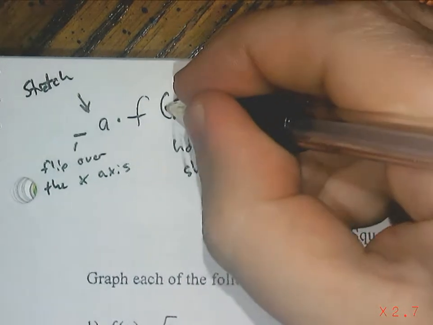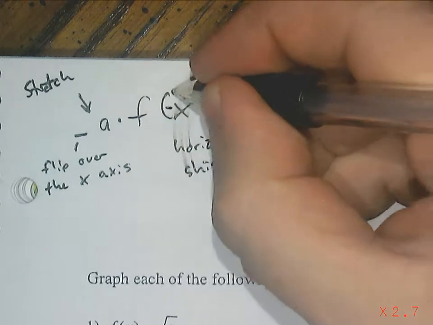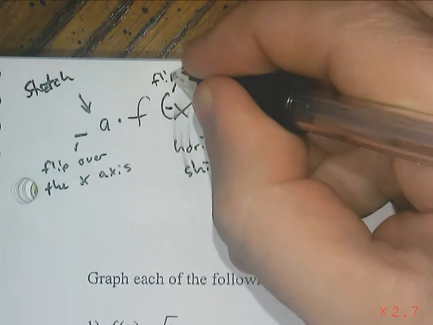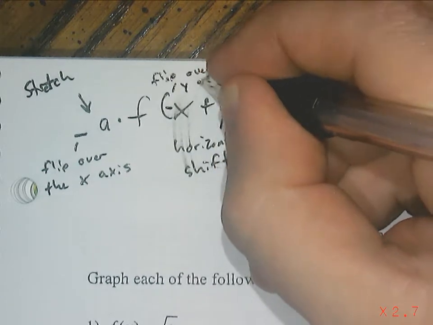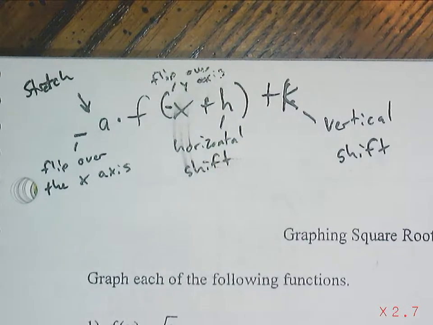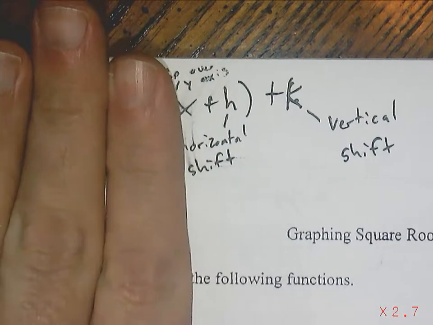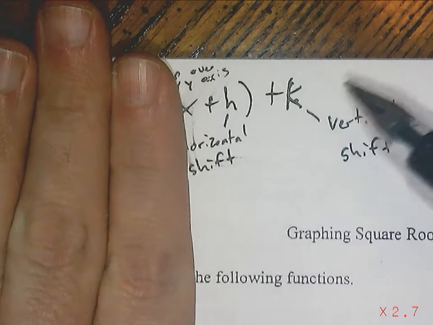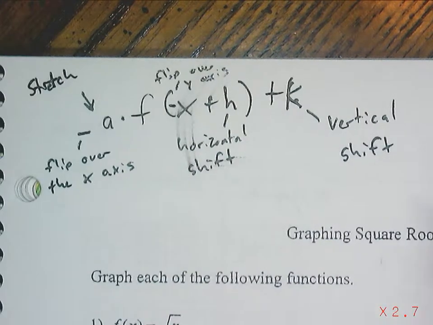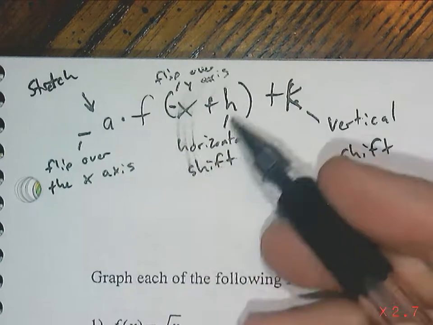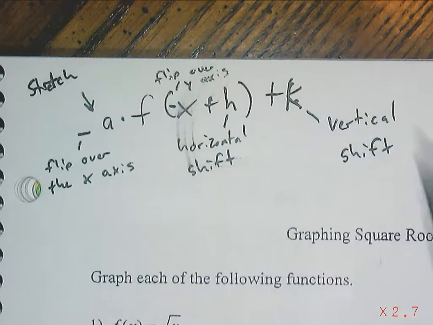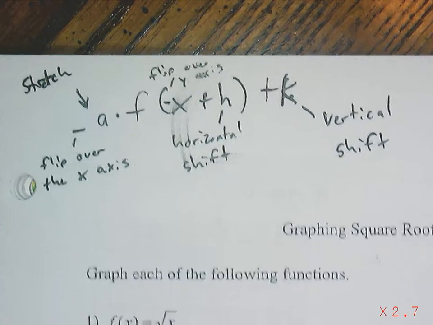And if this x was a negative, it would flip over the y-axis. Now I know that's a lot. But really, the two key things we're going to focus on this unit are just the h and the k. The rest you'll notice as you do it. But if you can recognize what the h does and the k does, it'll make graphing everything a lot easier.